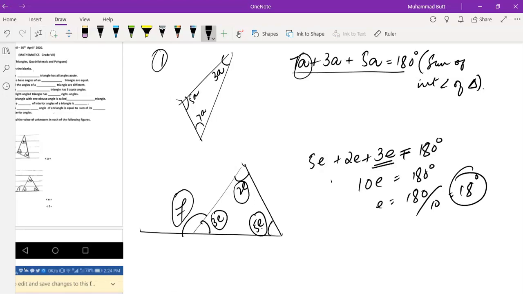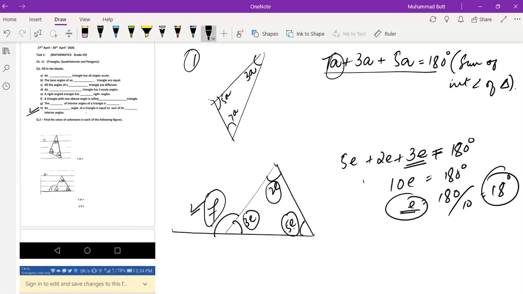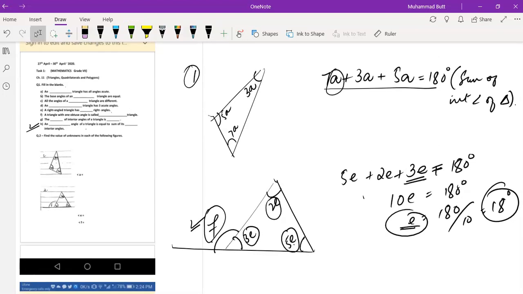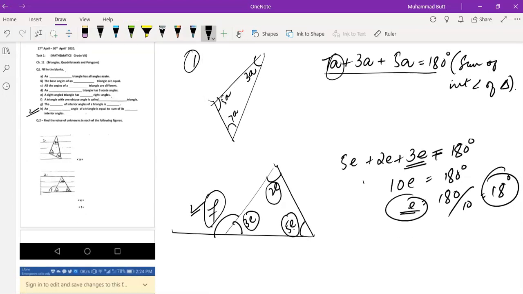Now once you have found the value of E, we have to find the value of F. This is the exterior angle, and we have done the property that the exterior angle of a triangle is equal to the sum of its opposite interior angles. So the exterior angle is F, and it is equal to the sum of its opposite interior angles. 3E is not the opposite interior angle, it is the adjacent interior angle.